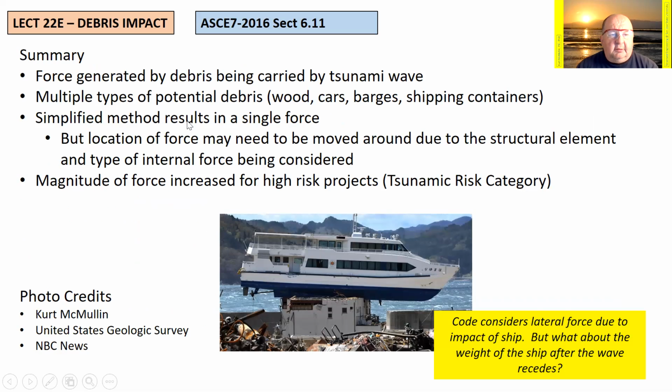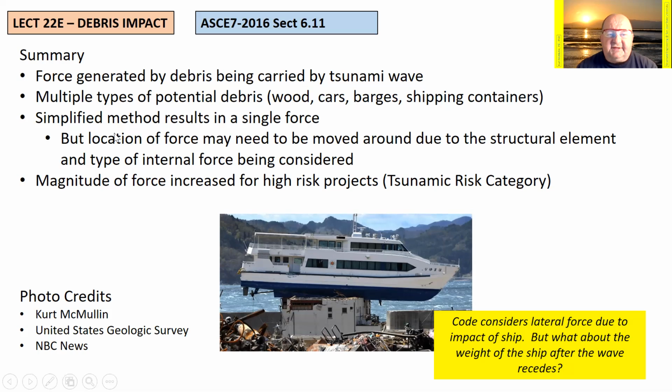So in general, in summary, we need to consider that this tsunami wave not only has more density, but it also is carrying debris. There's multiple types or sources of what that debris could be, everything from trees and wood poles, cars, all the way up to shipping containers and ships on their own.